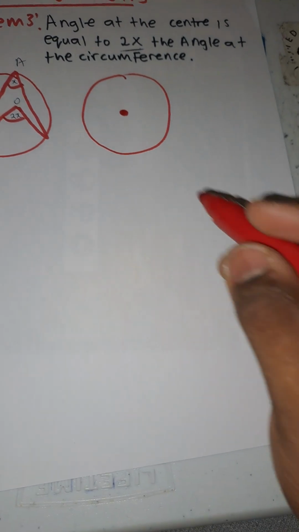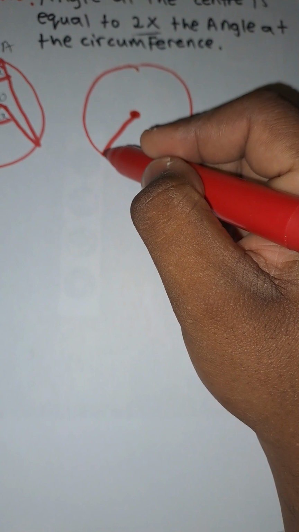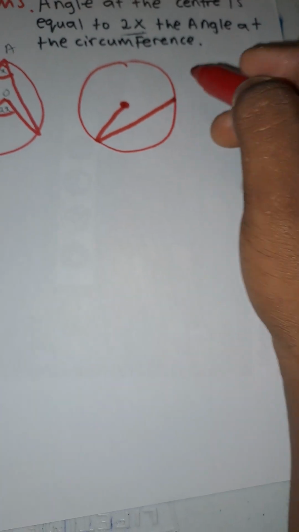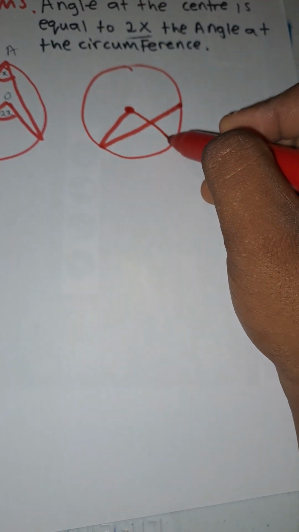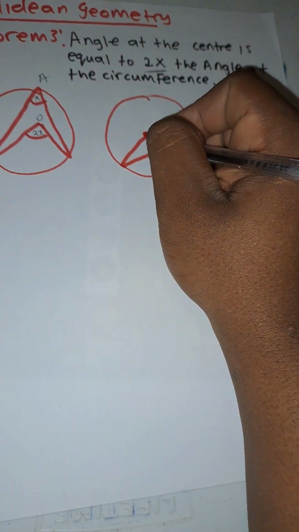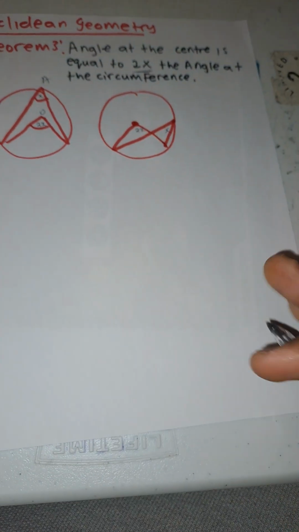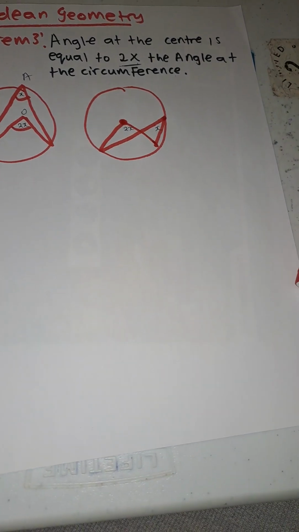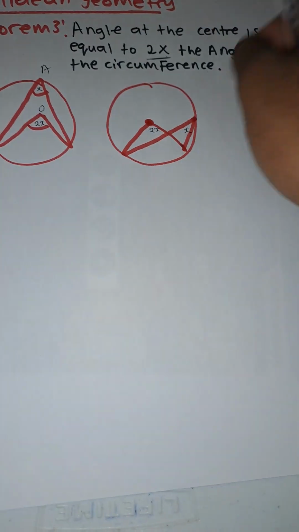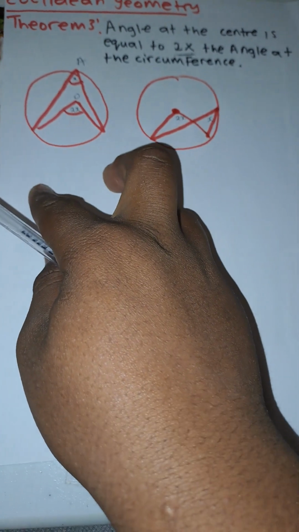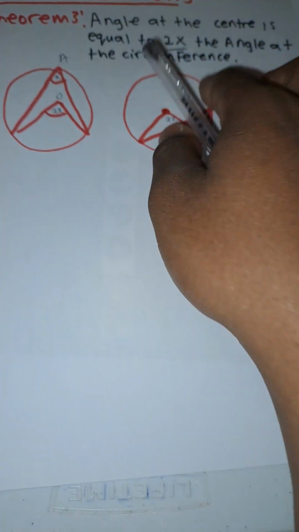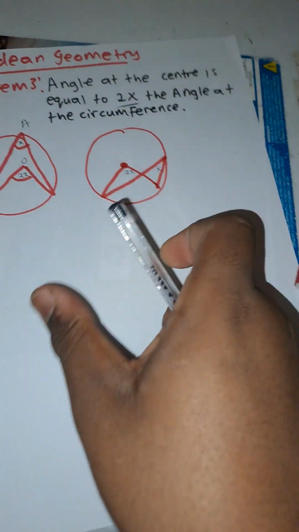This is my center, right? And then there is a line that is drawn like this, and then a line that goes like that there, and then an angle going like that, and then another angle going like that, whereby this is still my 2x, and then this is my what? X. You see, it is not something difficult, because the two lines go down and then go up again.